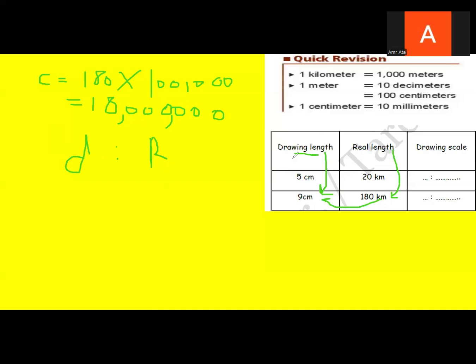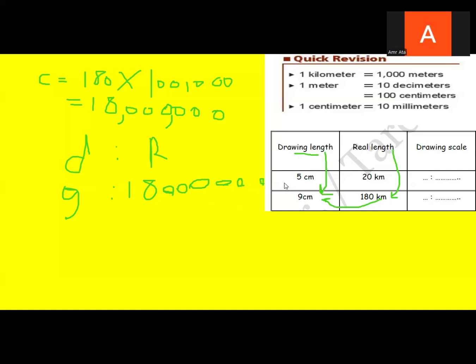Next, draw to real. Draw length, or length drawing, 9. Real after convert, 180 after convert becomes 18 million. So 18 million. 1, 2, 3, 4, 5, 6.